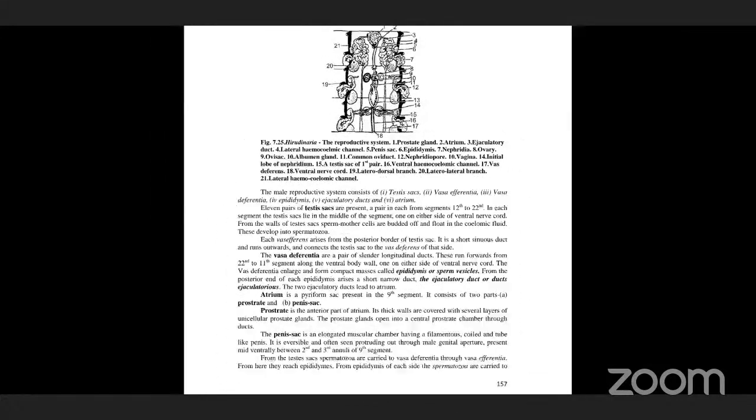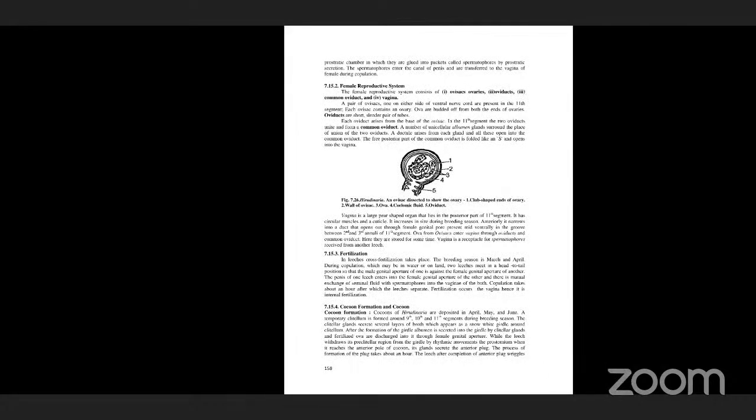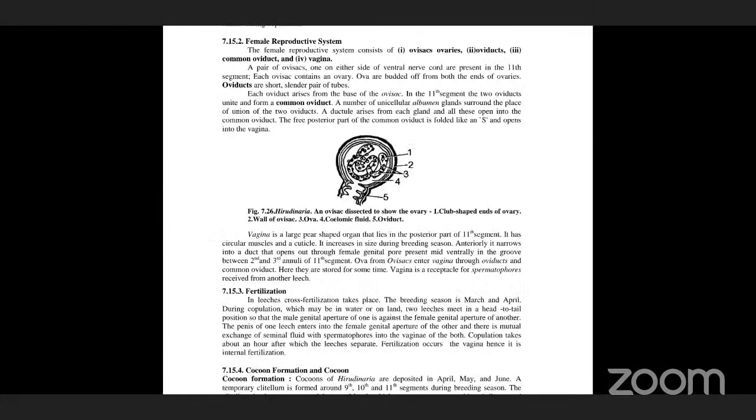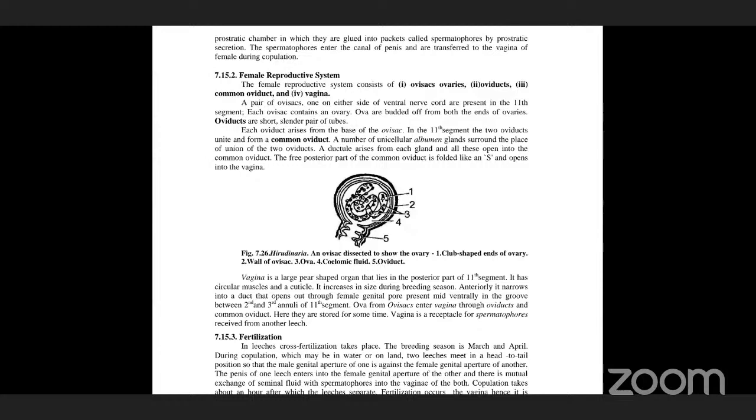The male reproductive system consists of testis sac, vasa deferentia, vasa efferentia, epididymis, ejaculatory ducts, and atrium. And the female reproductive organs consist of ovisacs, ovaries, oviducts, common oviduct, and vagina.